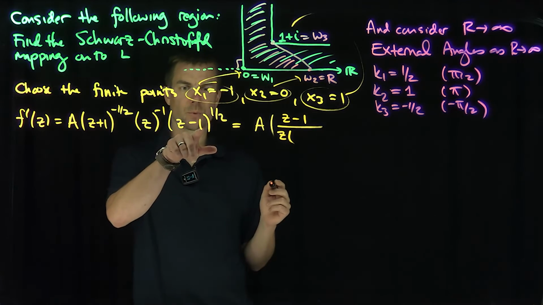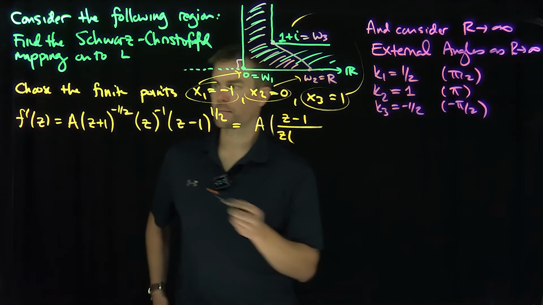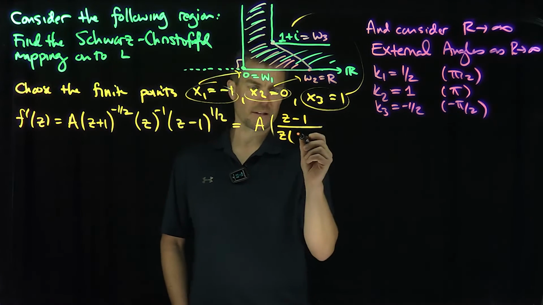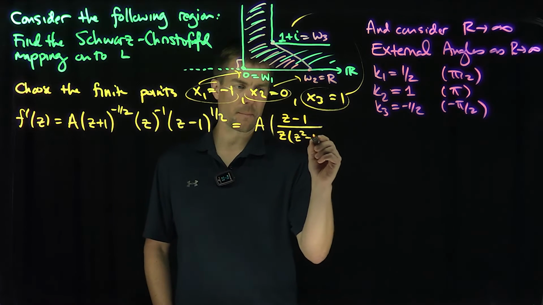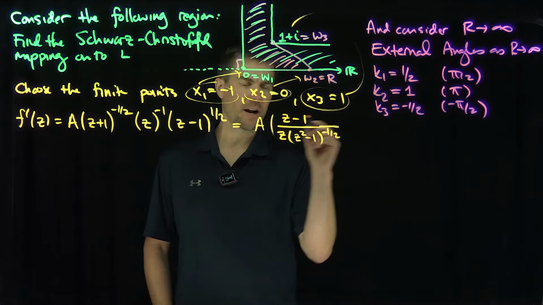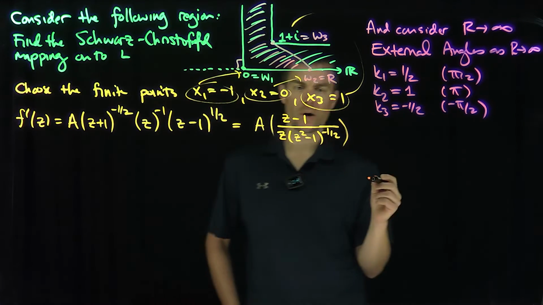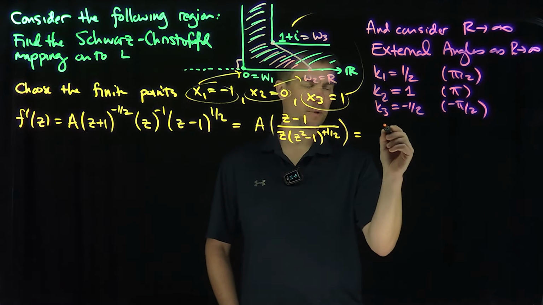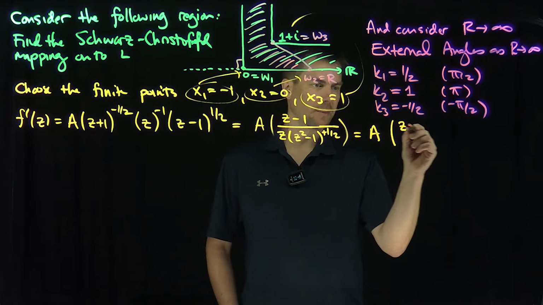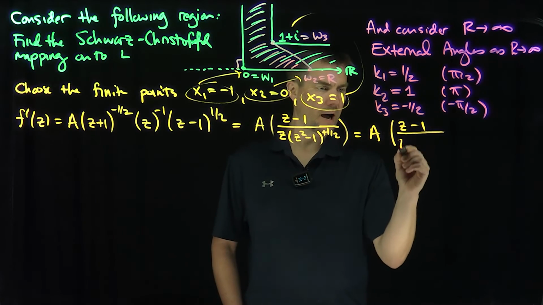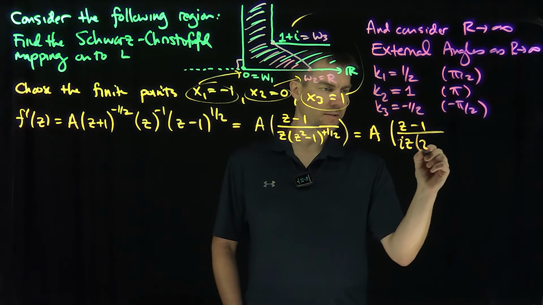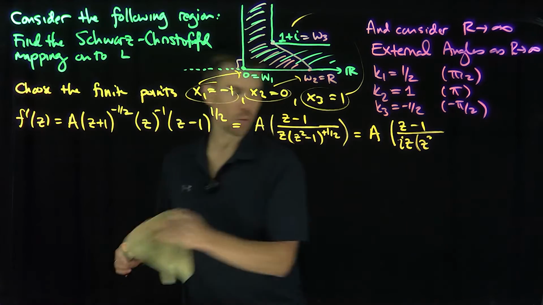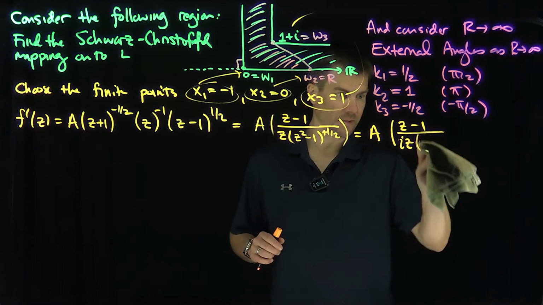Now I put an extra z minus 1 on top, so then you put 1 on the bottom, right? So I'm going to put it like this. It's going to be z squared minus 1 to the negative 1/2, right? And I might as well factor out plus 1/2 now. I might as well factor out an i. So this is going to be A times z minus 1 over i, z, and then z squared. Oops, now I pull out the 1 so I can make this look like something we like to see, right?